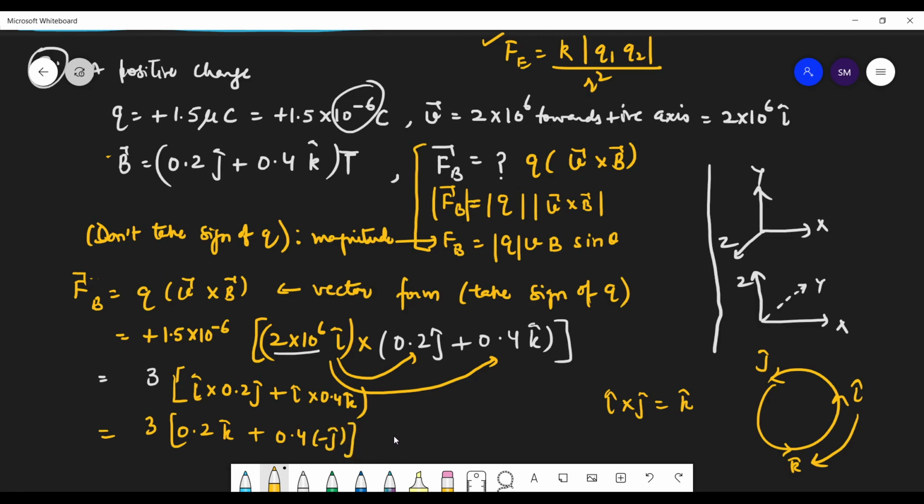Is this done, students? Yes, sir. So that you can further write it as 0.6k minus 1.2j. Done?